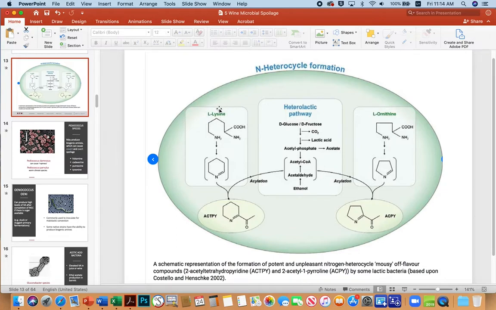In this particular case, lysine results in the formation of ACTPY, and ornithine results in the formation of ACPY. During this process, you make this heterocycle intermediate that can be acylated using an intermediate from the heterolactic pathway, for example. And so here's the acyl side chain that's added. And this is the mousy, stinky product from that process of deamination and decarboxylation of lysine.